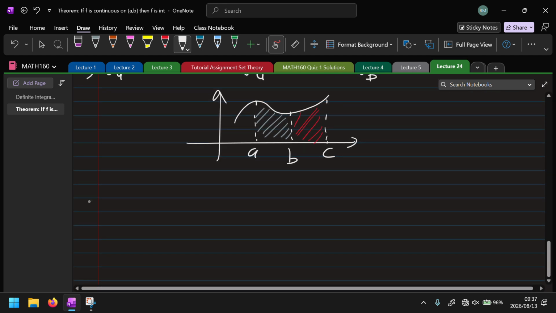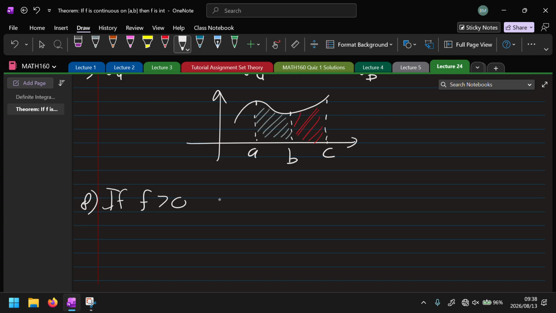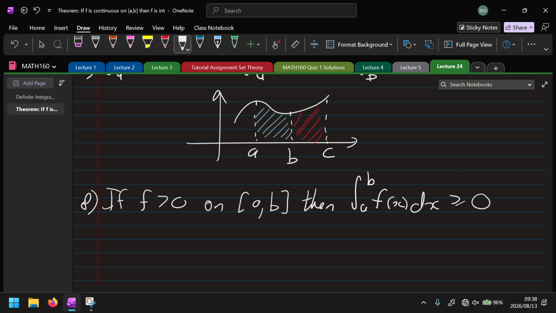Okay, number 8. If f is positive on the closed interval AB, again, I'll keep saying it for this lecture, the difference between closed intervals and open intervals, please keep that in mind. Then the integral from A to B, f of x dx is greater than or equal to 0.